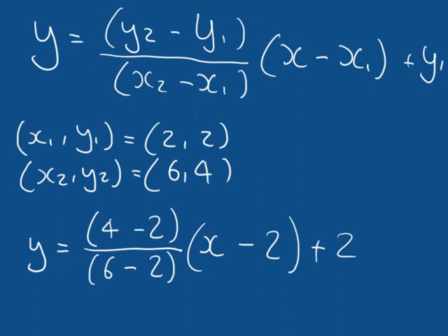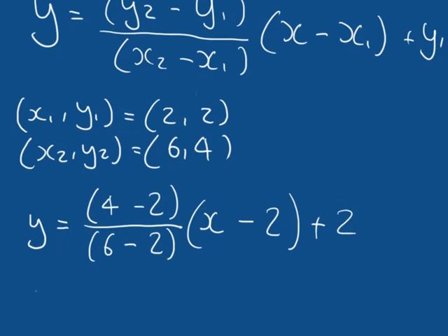If we now expand that out, y is equal to 4 minus 2 is 2, over 6 minus 2 is 4, multiplied by (x minus 2) plus 2.